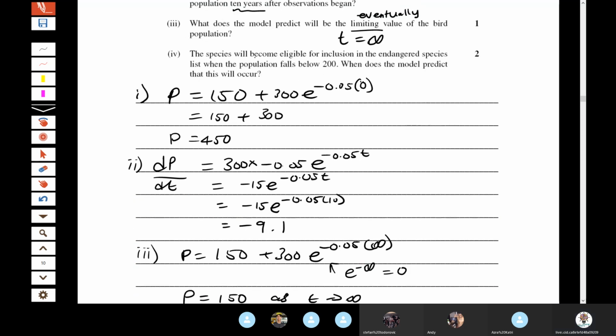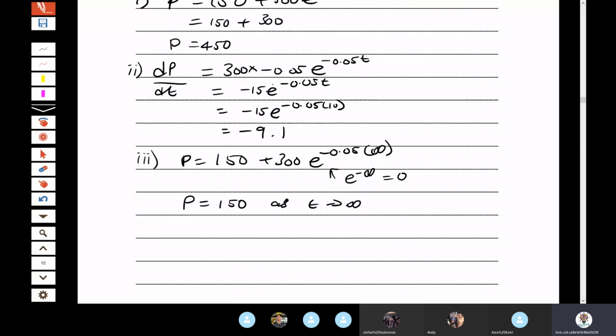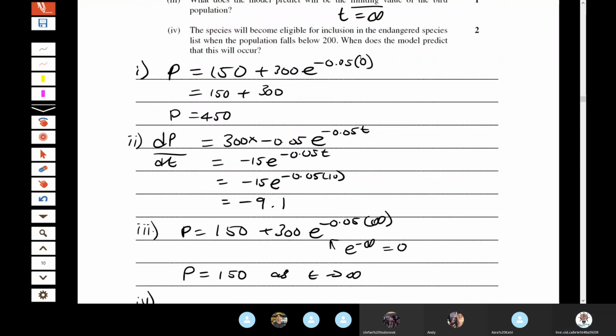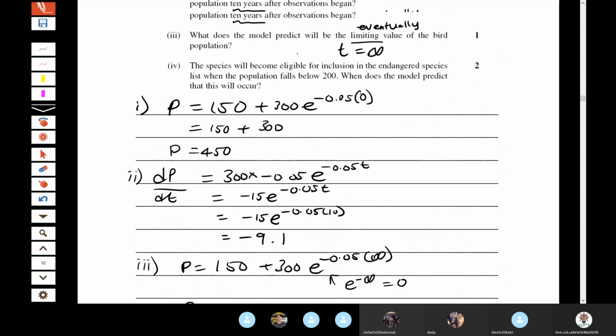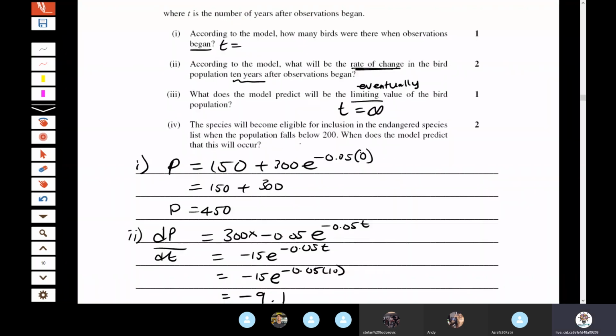The species become eligible for inclusion in the endangered species list when the population falls below 200. When does the model predict that this will occur? Okay. What do I do for this IV? Come on, quick.